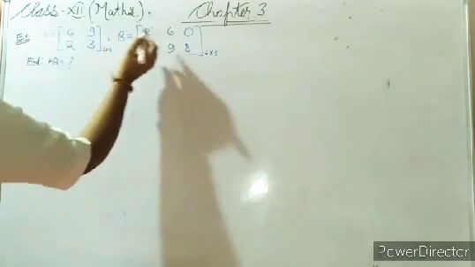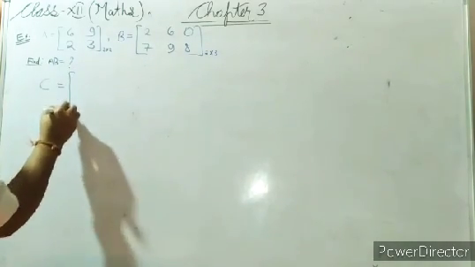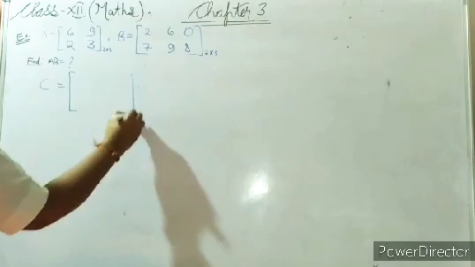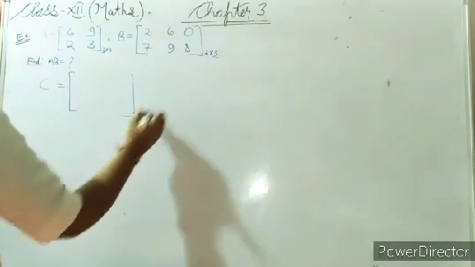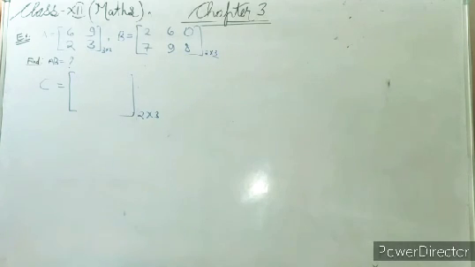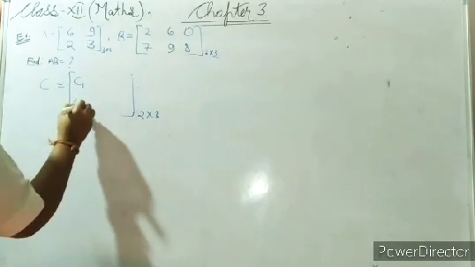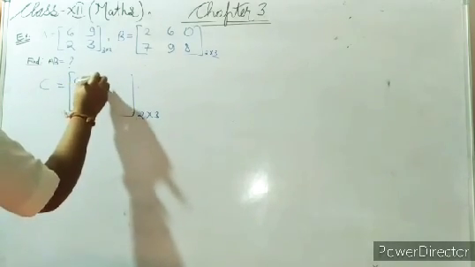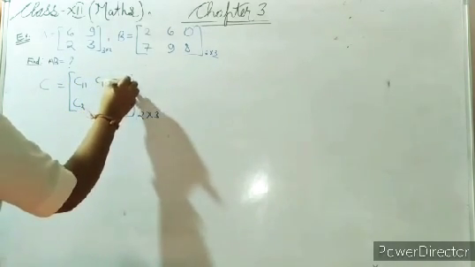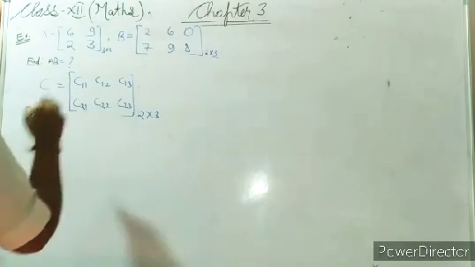Because here also 2 row and here also 2 row. So resultant you get 2 into 3, that means 2 by 3 matrix you will get. What is the meaning of 2 by 3? It is our C11, C12, C13, C21, C22, C23.